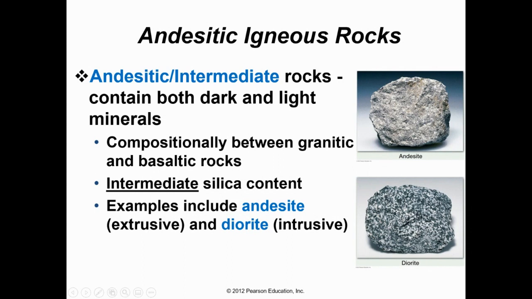Oftentimes you'll find diorite makes up the cores, or the foundation, of huge mountain ranges. A lot of times if you go out west to the Cascade Range up in Washington, Oregon, you'll often find a lot of diorite that's been shoved up from deep down to Earth's surface because of mountain building. So you'll find a lot of diorite, and then you'll find some andesite as well.